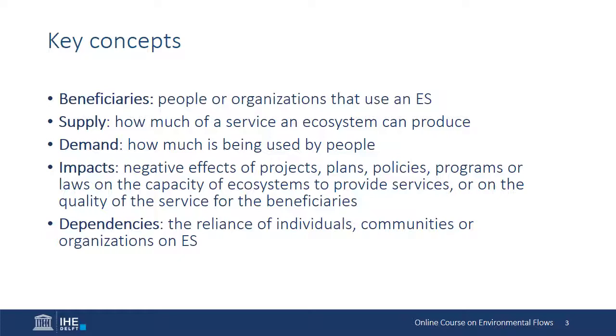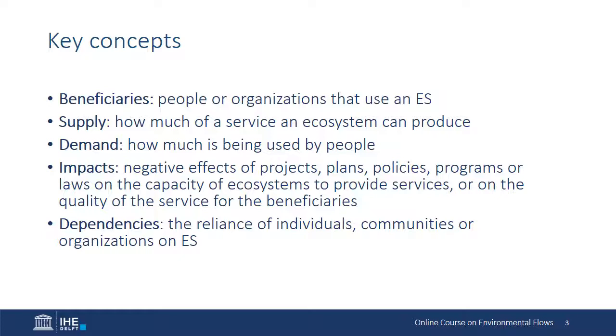To begin, let's review some concepts. Beneficiaries are individuals, people, or organizations that benefit from ecosystem services. Supply is how much of a given service is provided by an ecosystem. Demand is how much of that service or product is used by people.